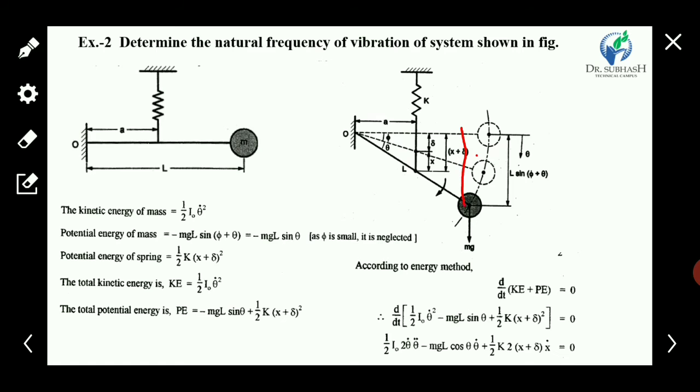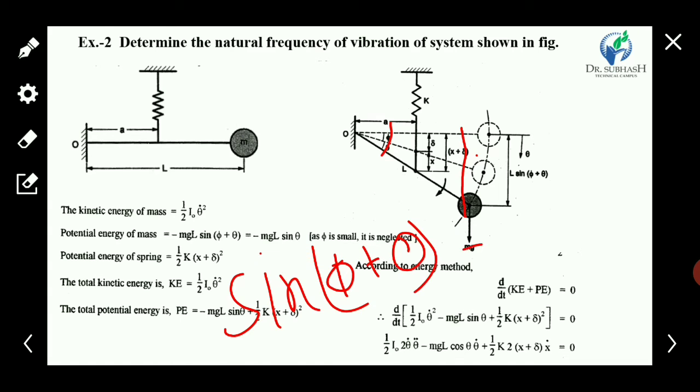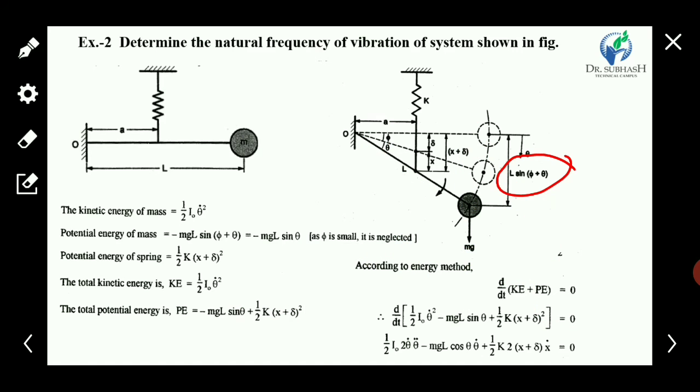So here the sine of theta plus phi, with hypotenuse L, gives this distance equal to L sine of phi plus theta. That is mentioned here.